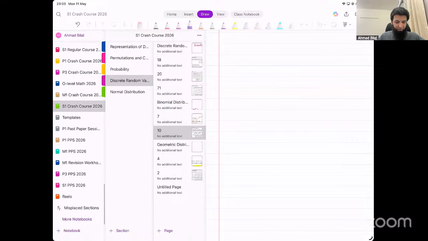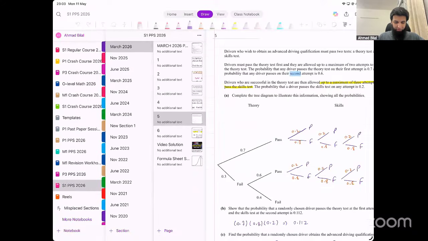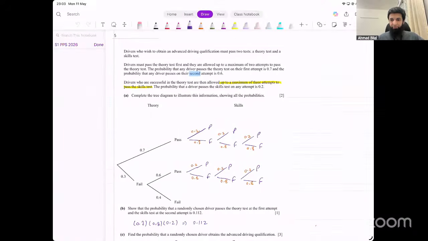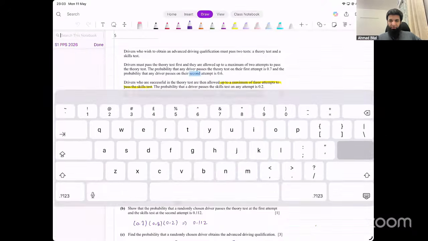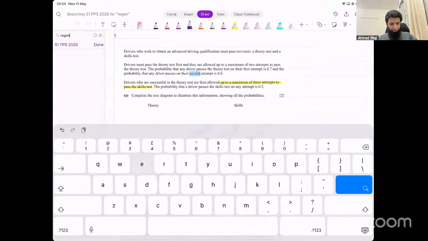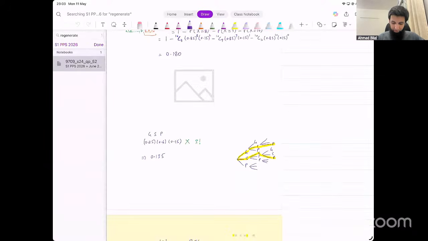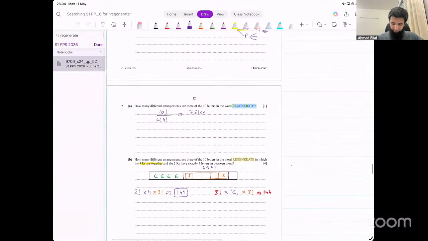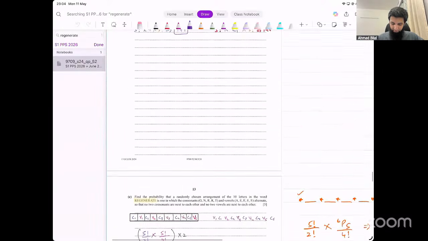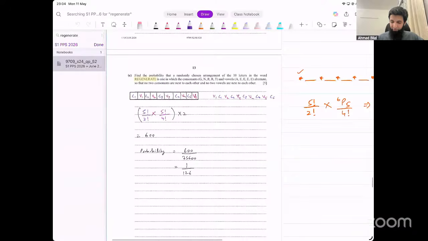Do you remember which paper it was? Consonants and vowels. Regenerate? Was that the word in that question? Regenerate. Yeah, this was the one.